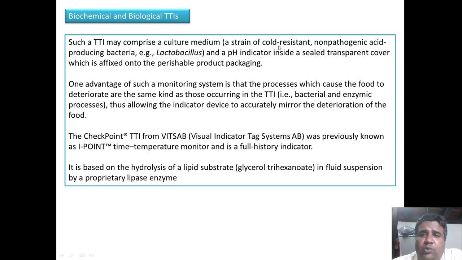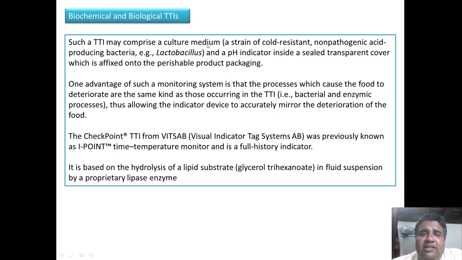This is a strain of cold-resistant, non-pathogenic acid-producing bacteria, Lactobacillus. From literature it is quite clear that it remains inactive when kept at temperatures up to -5 degrees. But as the temperature reaches 10 or 15 degrees, it starts producing acid.